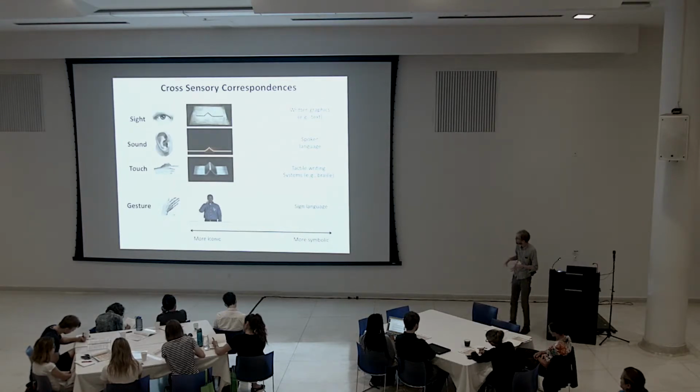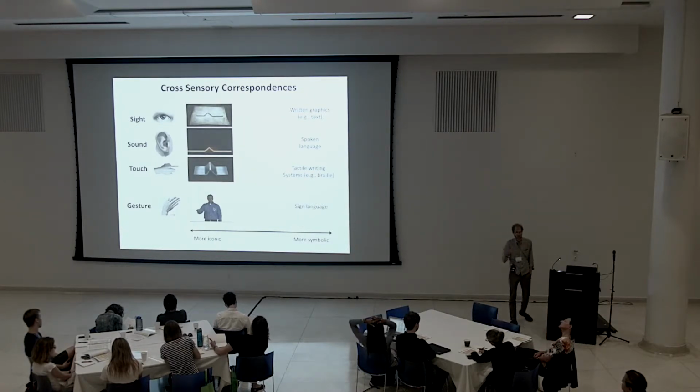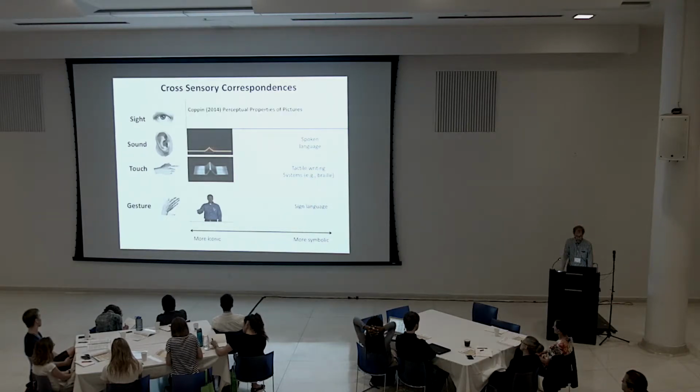In sign language, you have more iconic representations, like the one you see tracing out the shape of the mountain, but then you also have gestures that are more symbolic in nature. Now, there's nothing that's ever purely iconic and nothing that's ever purely symbolic, but I'll get to that later.